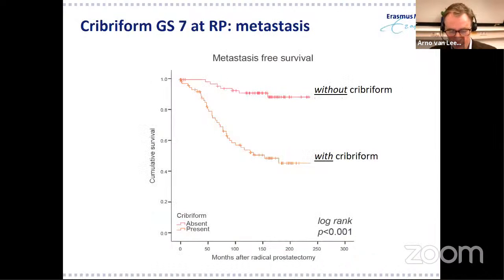Although tumor growth patterns have not been specified in all the literature, recent studies show that cribriform pattern is associated with worse outcome in Gleason score 7 prostate cancer patients, as clearly shown in this figure.